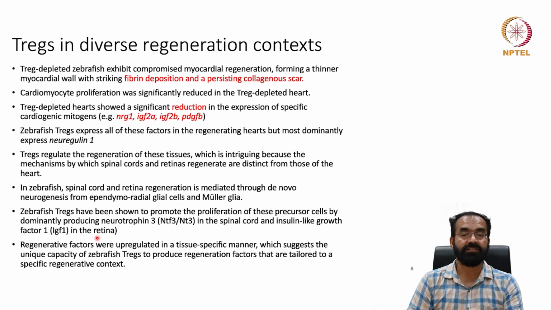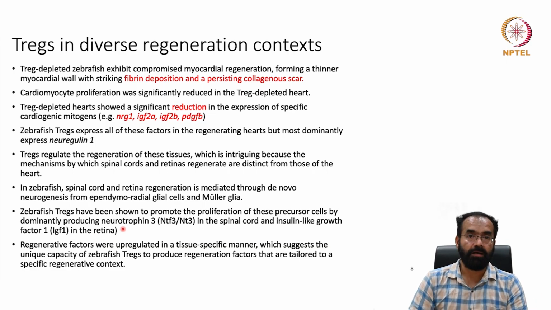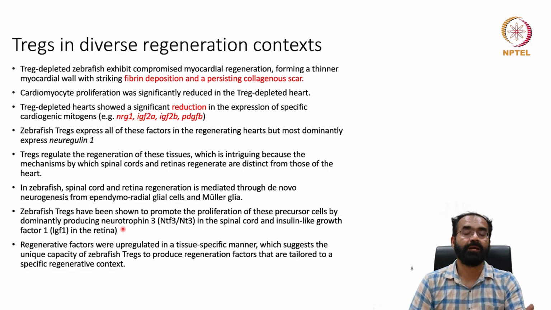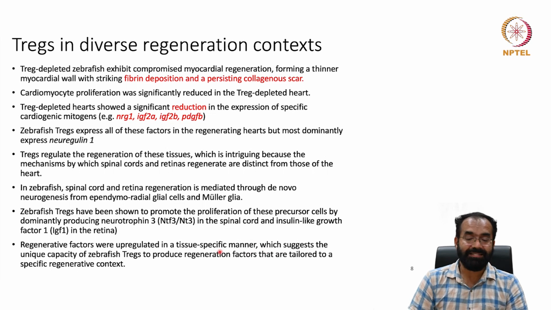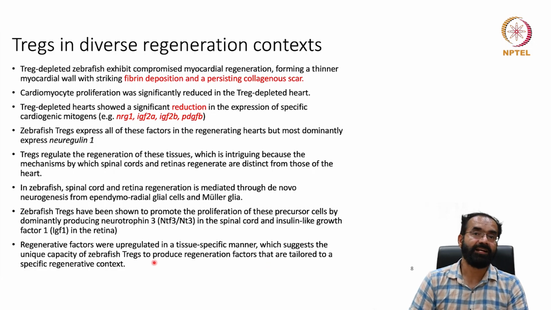So how contrasting and how different it is. Both are done by the same person. It's almost like you have the same coach, but in one place they teach cricket, another place they teach football. So regenerative factors were upregulated in a tissue-specific manner, which suggests the unique capacity of zebrafish Tregs to produce regeneration factors that are tailor-made, tailored to a specific regenerative context.